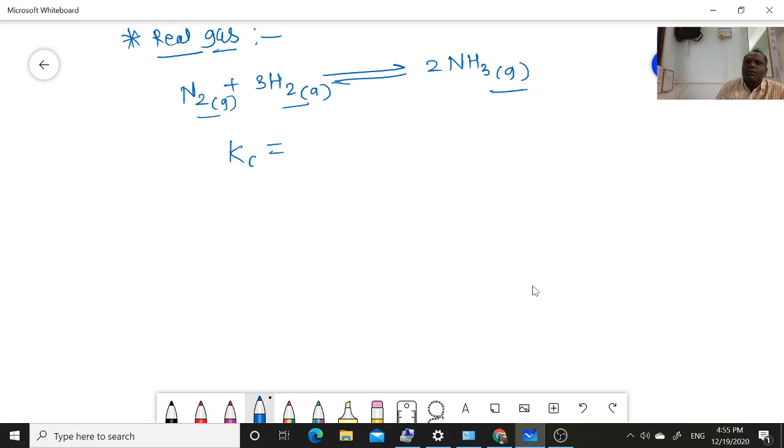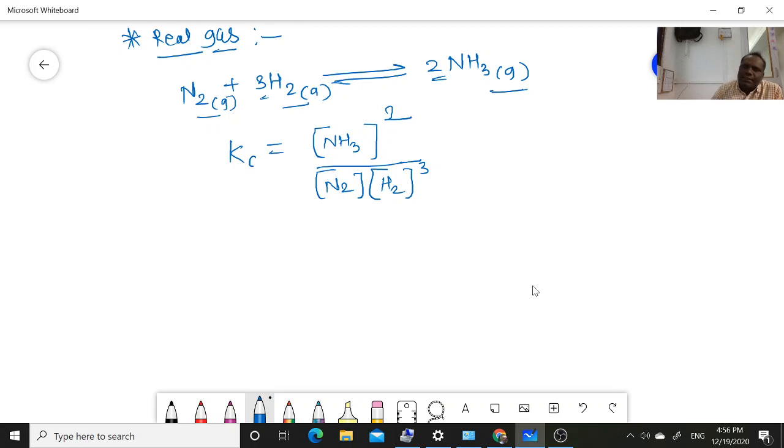Kc is equal to, as we have learned how to write the equilibrium constant for a given equilibrium reaction, product divided by reactant. Concentration is written in square brackets. NH3, the gas label is not written, squared since there are 2 molecules, divided by the concentration of N2 times the concentration of H2 raised to 3, since 3 moles of hydrogen gas molecules are reacting.